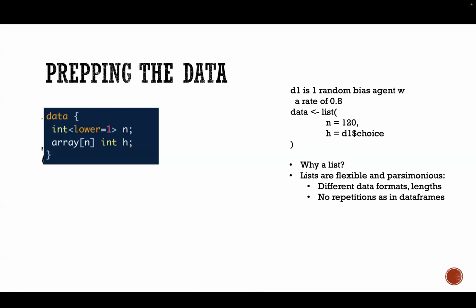So if you have the age of your participant and you think that's an important predictor, because we know that with age, I don't know, learning rate decreases or whatever, we need to repeat age in every row of the data frame. If there's 120 trials, every age gets repeated 120 times. Does that make sense? This is more flexible and more parsimonious. And when you start doing very complex models, you start worrying about saving space and that sort of thing.